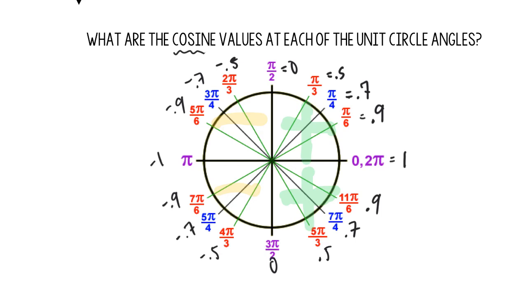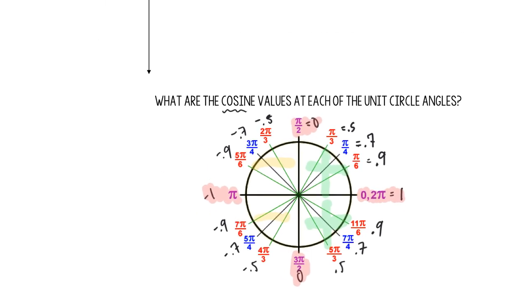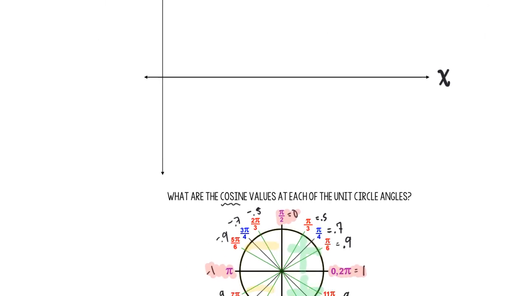Just like we did with sine, we're going to put our key quadrant angles on the graph. I just highlighted those in red. So let's go up to the top and put those key angles on to get our basic shape of our cosine function.